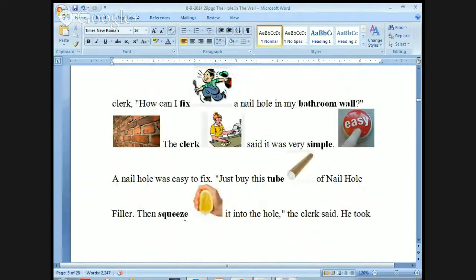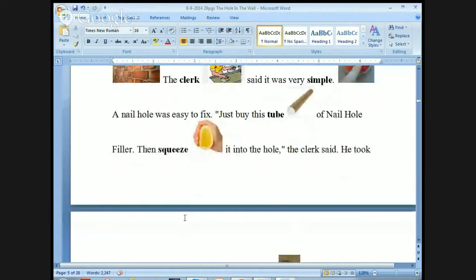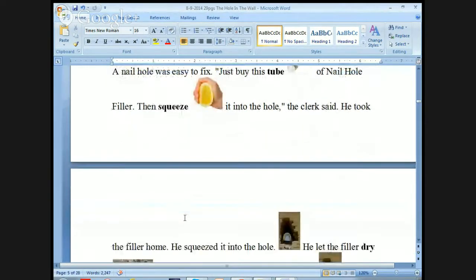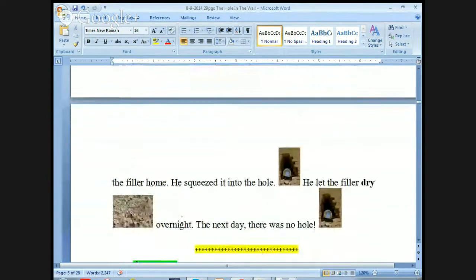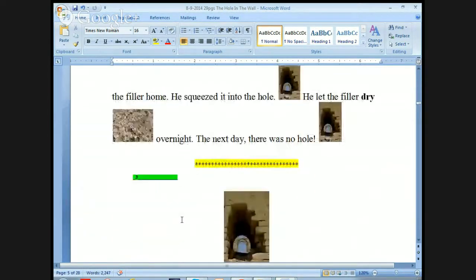The clerk said it was very simple. A nail hole was easy to fix. Just buy this tube of nail hole filler. Then squeeze it into the hole, the clerk said. He took the filler home, he squeezed it into the hole. He let the filler dry overnight. The next day, there was no hole.